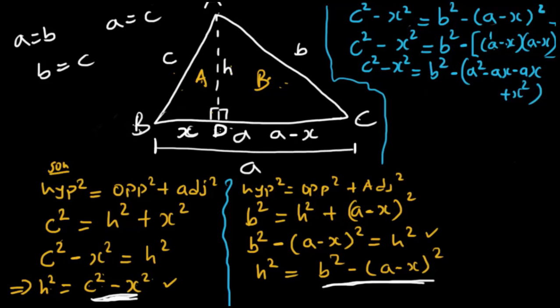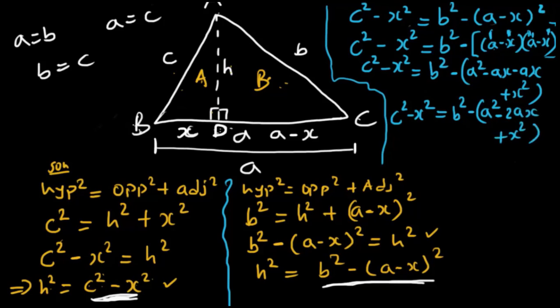This times this, this times this, then this times this, and this times this. Does that make sense? So we are having c squared minus x squared equals b squared minus a squared minus ax minus ax, which is minus 2ax, then we've got plus x squared.